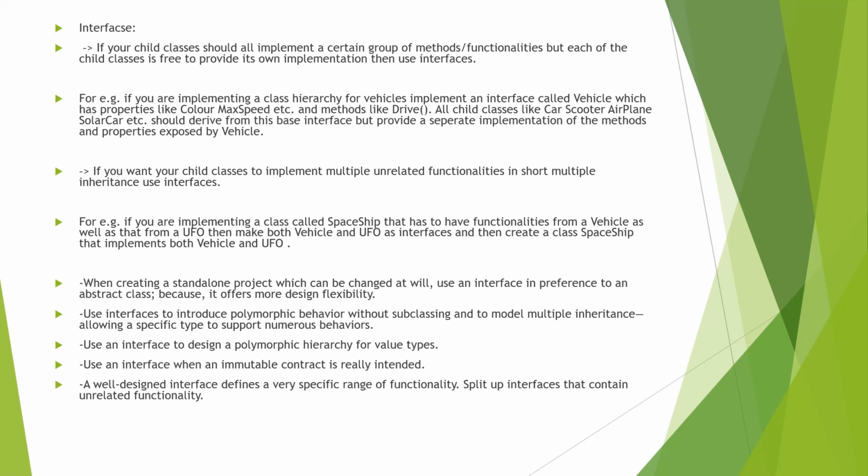This is very important: if you are going to implement multiple unrelated functionalities, then an interface should be used. There is another scenario given in the slides, you have to read it, right?